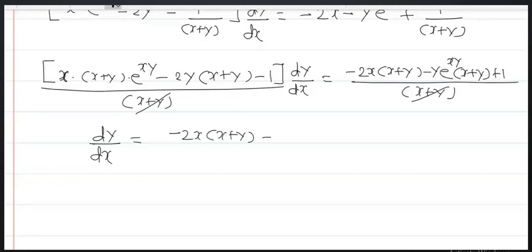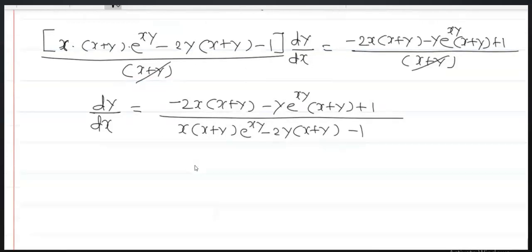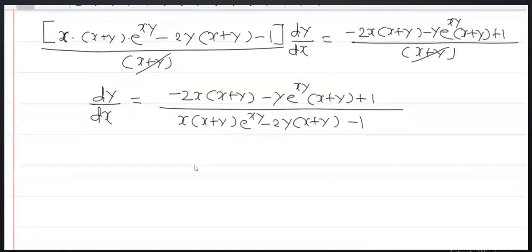minus x in bracket (x plus y) minus y e raised to xy plus 1 upon x into (x plus y) e raised to xy minus 2y (x plus y) minus 1, and simplify this.